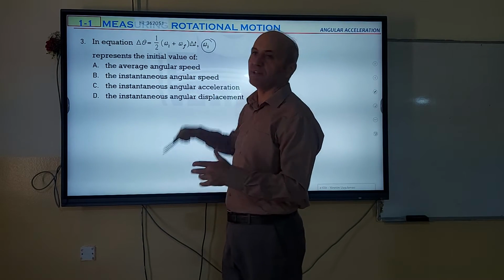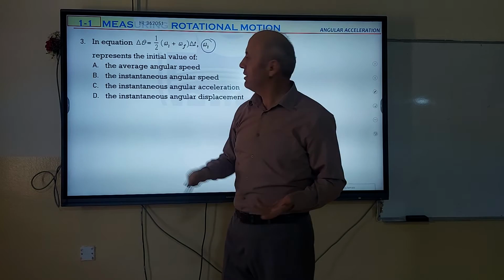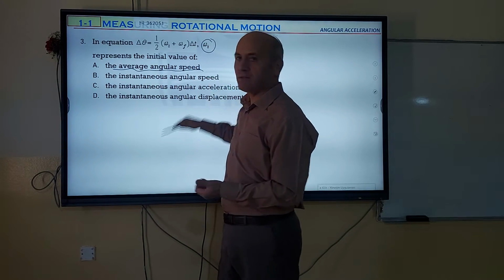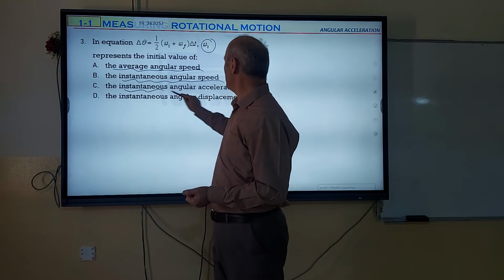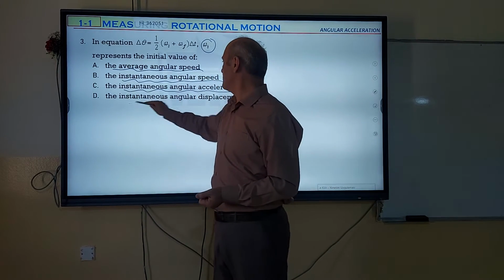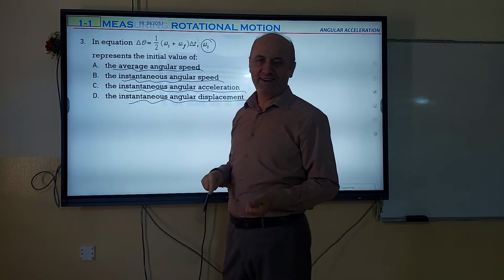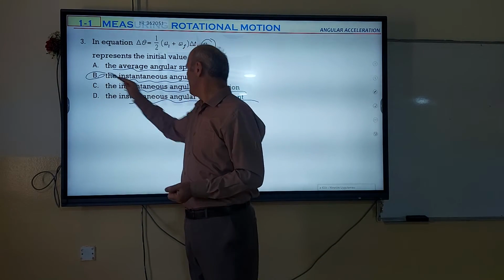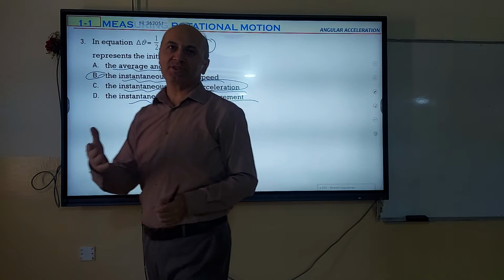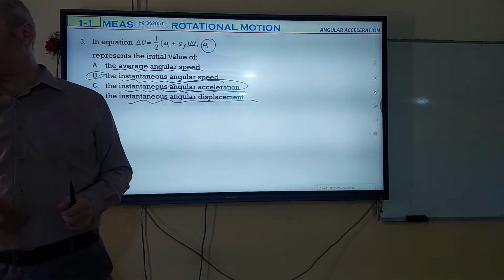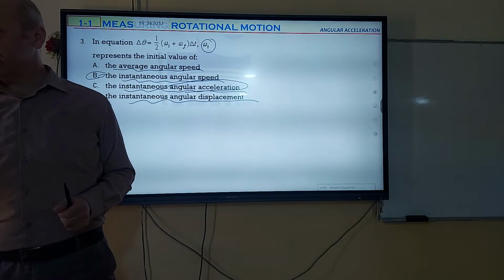And here omega initial represents what? Average angular speed, instantaneous angular speed, instantaneous angular acceleration, instantaneous angular displacement. Angular speed, yes. Instantaneous angular acceleration: if angular acceleration changes, this happens, but we are studying only constant angular acceleration.